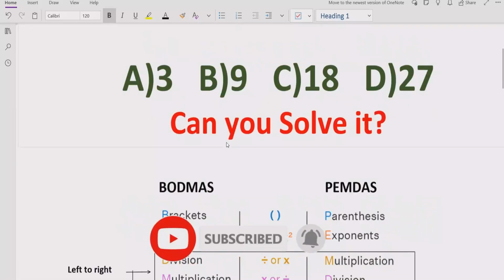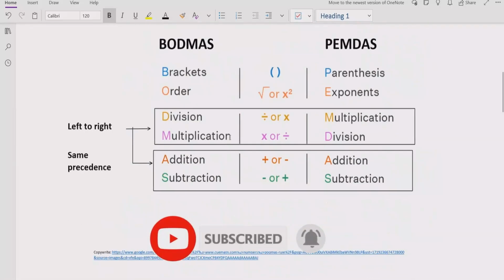Now let's talk about what are the rules we can follow to solve the given expression. Here we will discuss two rules, BODMAS and PEMDAS rule. These rules we can apply to solve any arithmetic expression. And the rule says if your expression contains any bracket or parenthesis, you have to solve that part first.